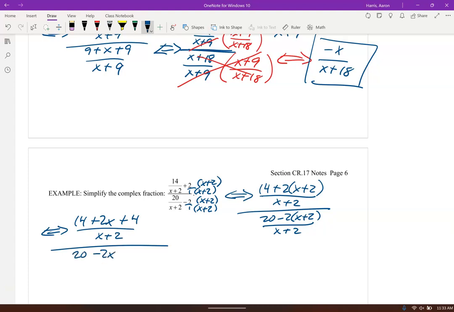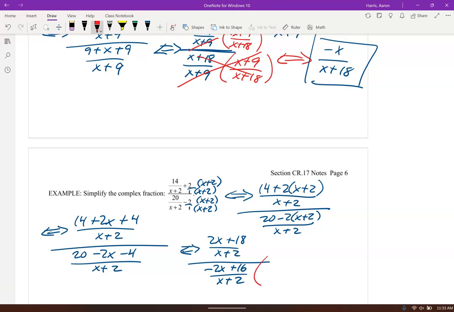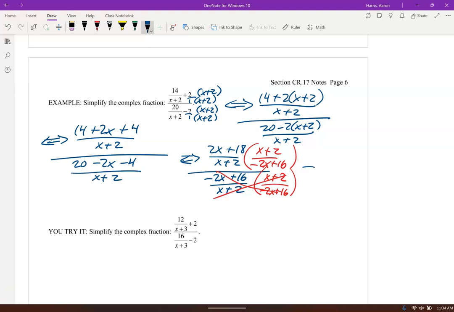Distribute the negative 2. Now we'll go ahead and multiply by the reciprocal. Notice our x plus 2's cancel.